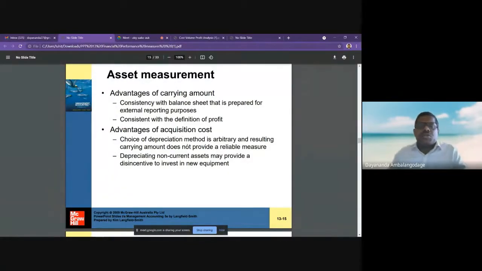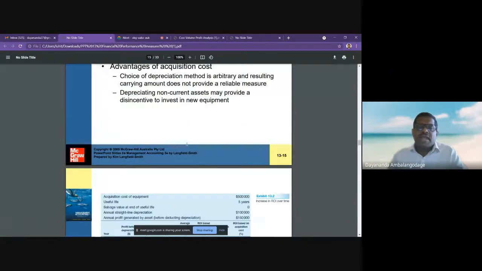Advantages of acquisition cost: the choice of depreciation method is arbitrary, and the resulting carrying amount does not provide a reliable measure. Depreciating non-current assets may provide a disincentive to investment and gain. So these are the advantages and disadvantages of assets measurement.